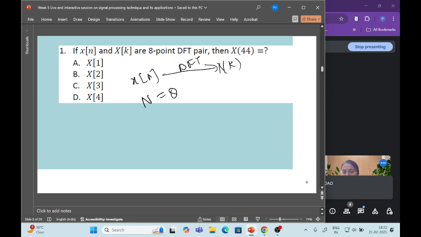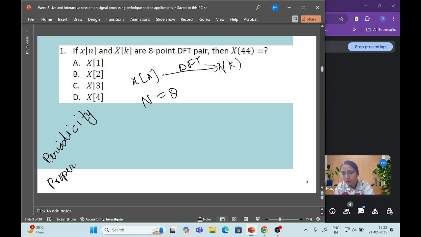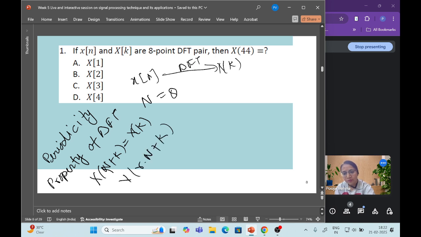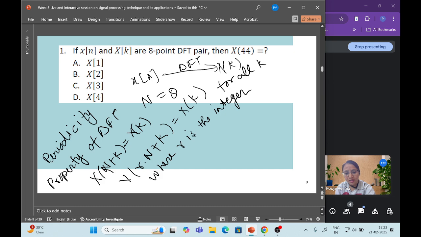Already we know the periodicity property of the DFT, that is x of n plus k is equal to x of k, or we can further write x of r into n plus k is equal to x of k for all k, where r is an integer value. It can be any integer value.